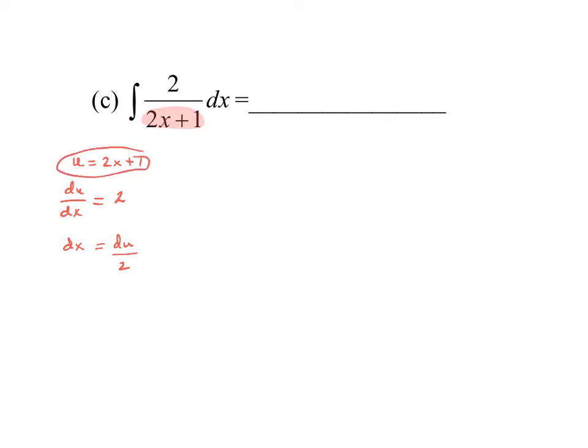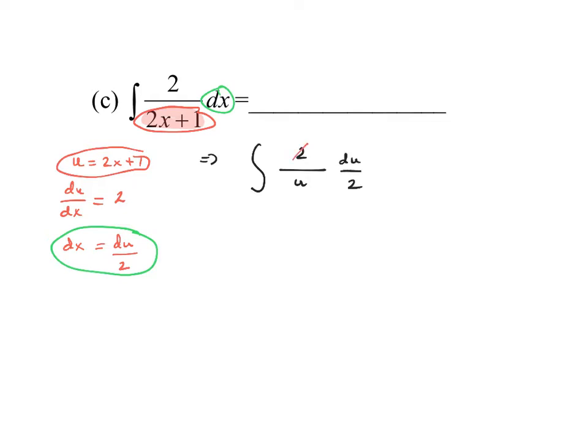We're going to substitute in the original integral for u, and we're going to substitute in for dx. So when I rewrite this integral here, I'd have the integral of 2 over, instead of 2x plus 1, I'd have my u. Instead of dx, I'd have my du over 2. Notice what happens. The 2's simplify, and I end up with the integral of 1 over u du.